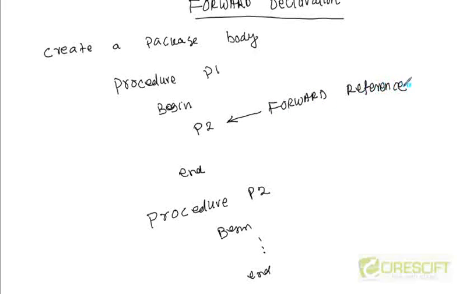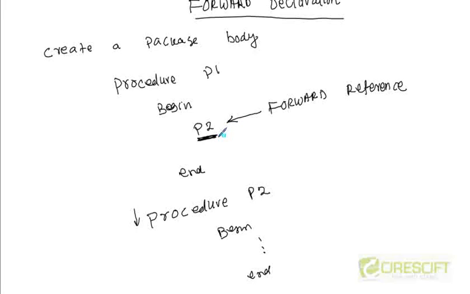Essentially, we are referencing procedure p2, and that procedure p2 is defined later on in your package body, and the compiler is going to fail because it is not able to resolve the reference at this point.